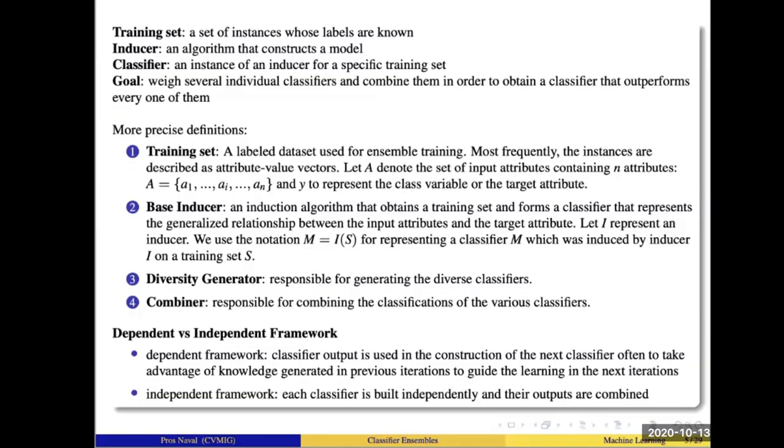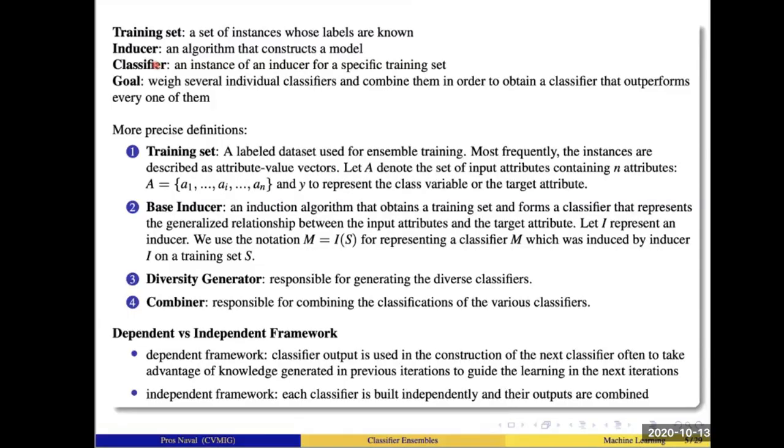So we will call the ANN, the artificial neural network, the naive Bayes classifier, and all the other classifiers that we have studied and will study in the future inducers, when we're talking about ensembles. The classifier, on the other hand, is an instance of an inducer for a specific training set. So keep that in mind. When we say classifier here, it's not the same as the classifier that we have studied before.